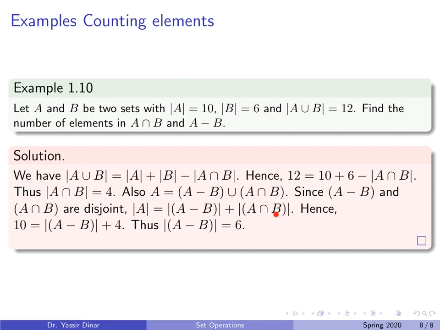Now, I know the number of elements in A, which is 10. I just substitute. The number of elements in A difference B is unknown, and this is what I want to find. But the number of elements in the intersection I know: it is 4. Solving this equation, I find that the number of elements in the difference is equal to 6.